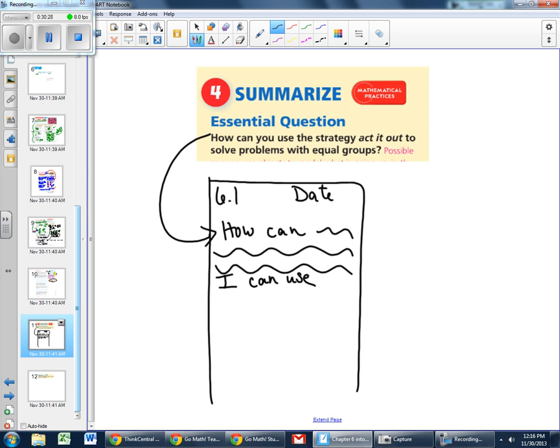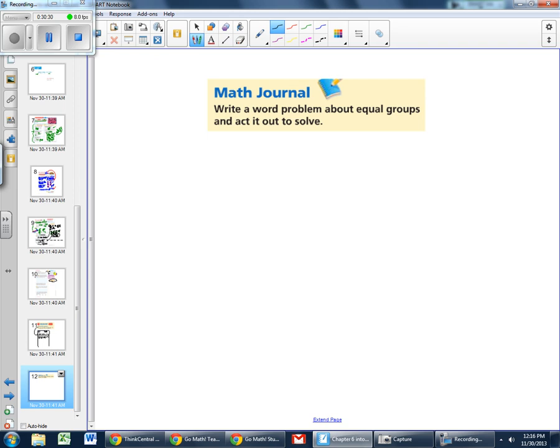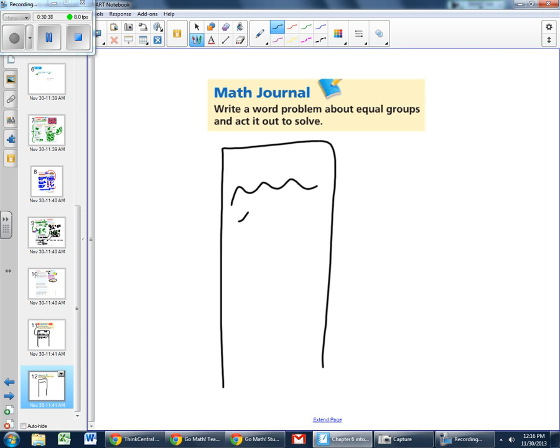On that same page, here's your journal entry for today, your math journal. Write a word problem about equal groups and act it out to solve. So you have your essential question on the top that you just did up here. You're going to copy this down here, write a word problem. That just helps me know what your prompt was when I go back and read them. Okay? And then you're going to make a math problem.